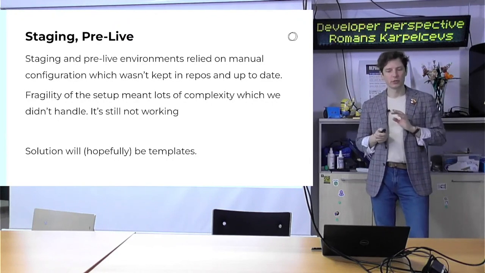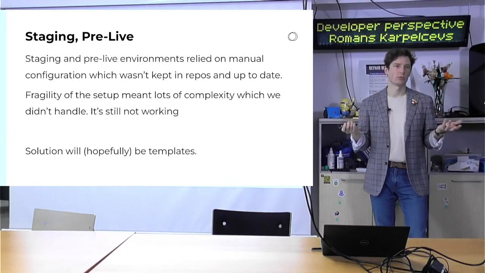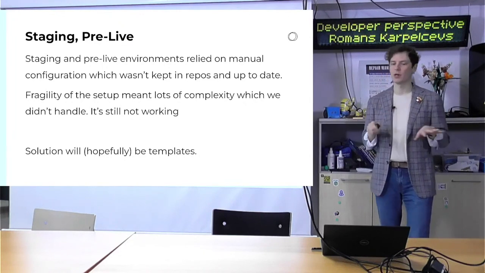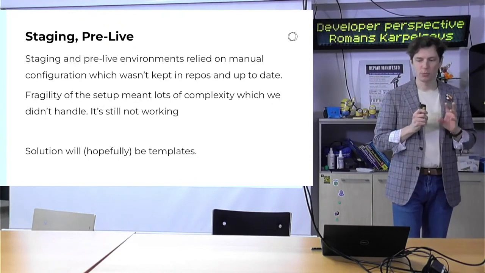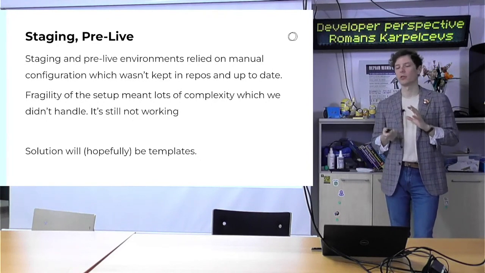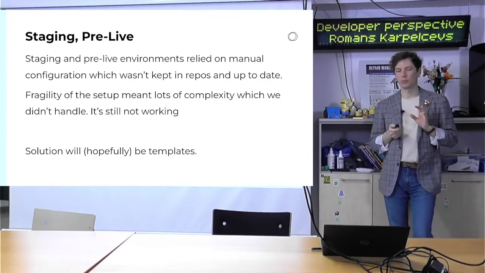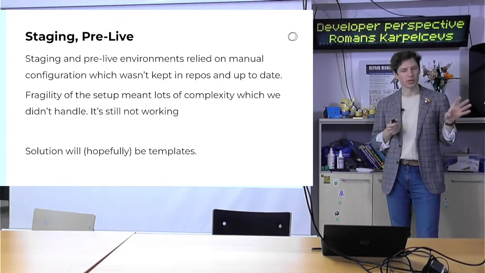In the end, the fragility of the setup meant during migration we just couldn't migrate it. We basically left it as is, shut down, and right now we don't have staging or pre-live because we couldn't come up with an adequate way of setting up the configuration in Kube so that it's not just a bunch of repetition that nobody can keep up with.